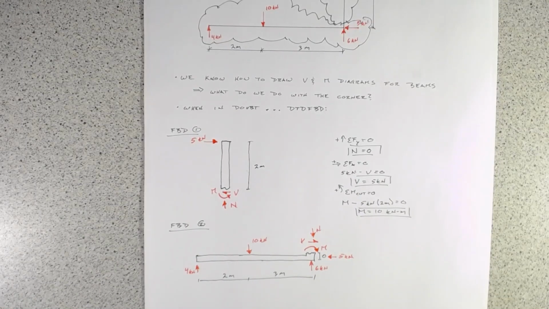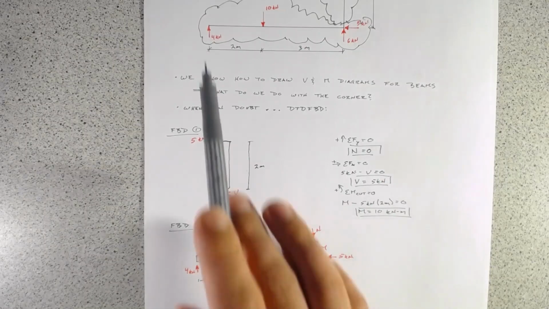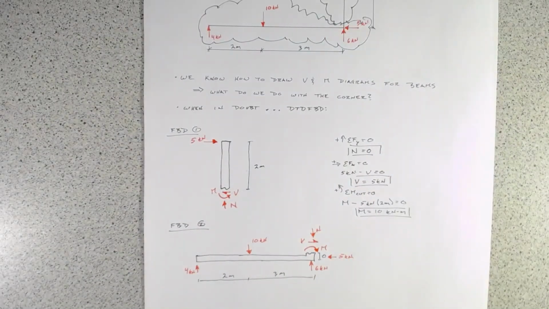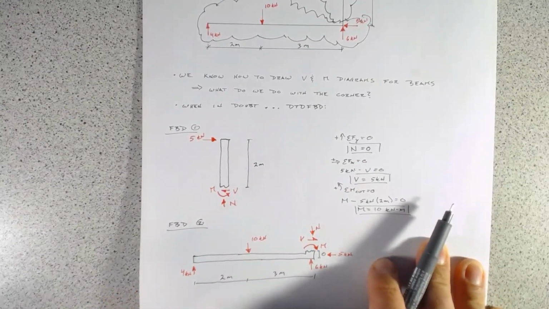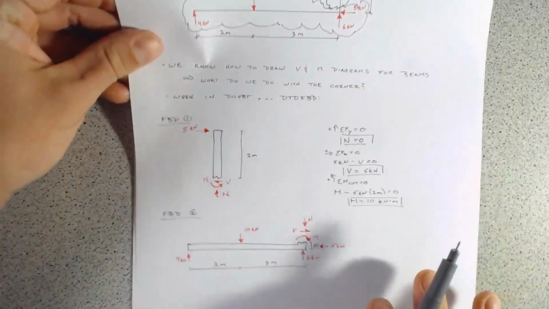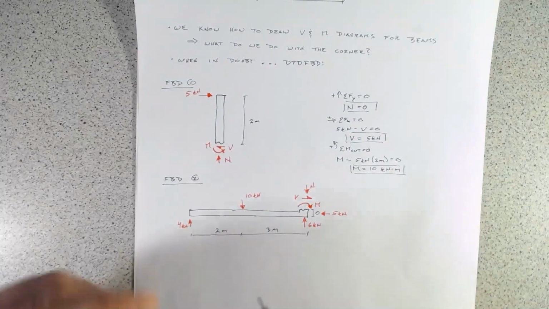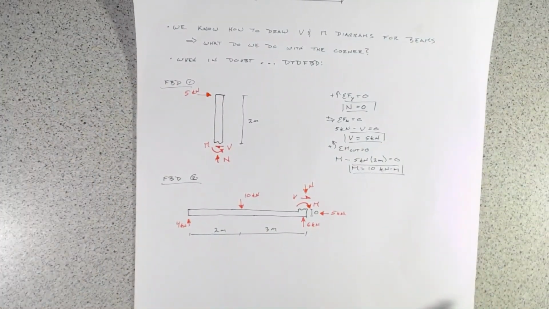That will show you that it doesn't matter which side you come from when you're making your free body diagram cuts, you're going to get the same magnitudes, and as long as you have everything as the same magnitude and opposite directions on different sides of the cut, then you know that you've got everything in equilibrium.